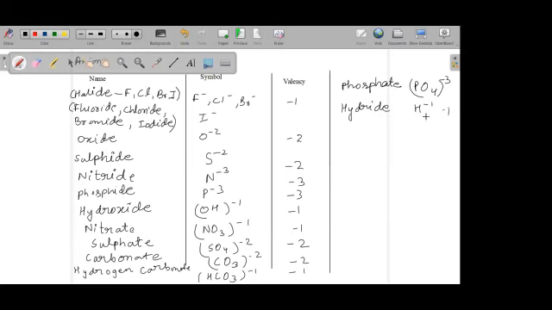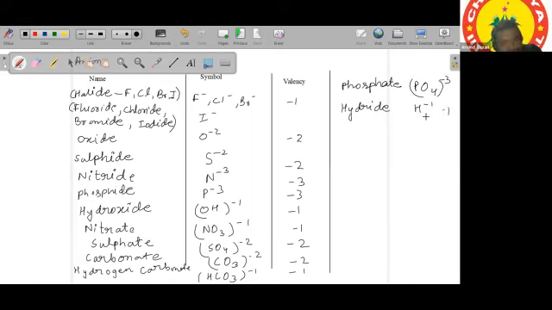Okay. So yes, now you will be asked to make the formula of certain compounds. I'll give you the names of the compounds and you will make their formulas. So this will give you a practice of this, and then we will move on to the next one, that is calculating the molecular masses.